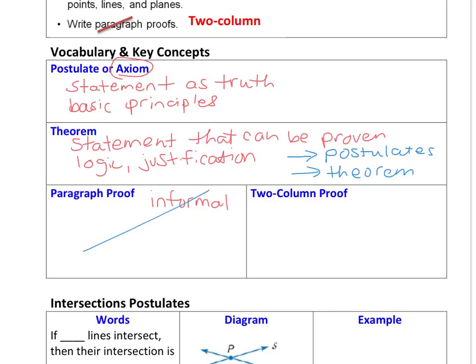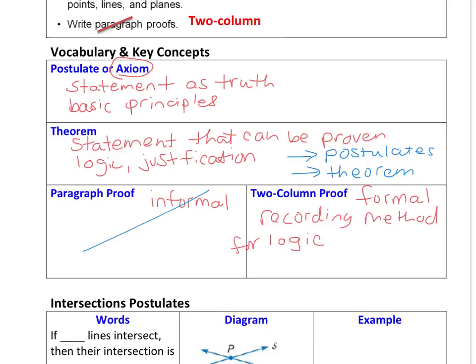A two-column proof is definitely more formal. We'll take a look in a moment at what that looks like, but it's really more of a recording method, we'll call it, for your logical argument. So it's a recording method to organize your logic.